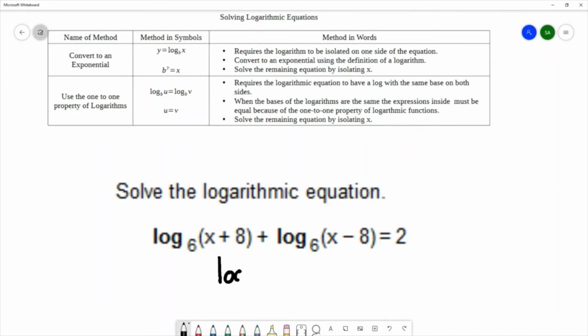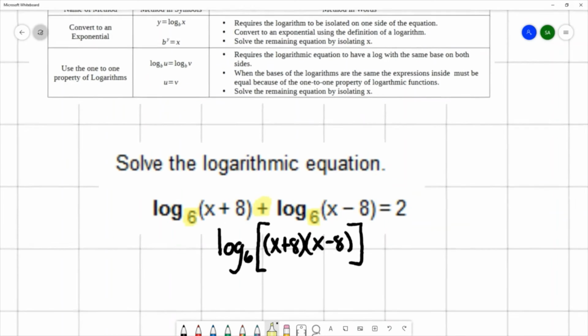That'll condense to become log base 6 of x plus 8 times x minus 8. The reason why we condense to multiplication is because we have addition and these have the same base. So that's what allowed us to condense using the product rule.